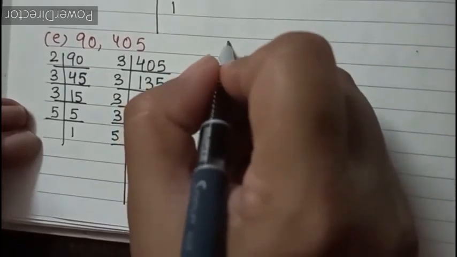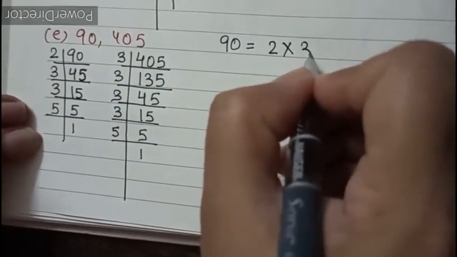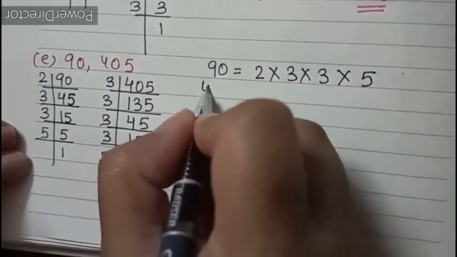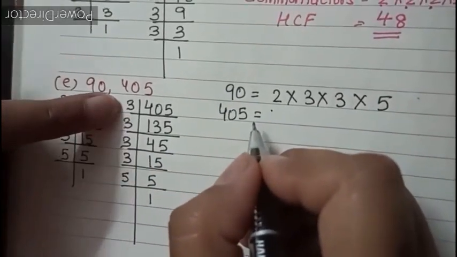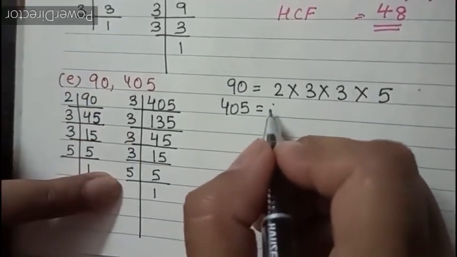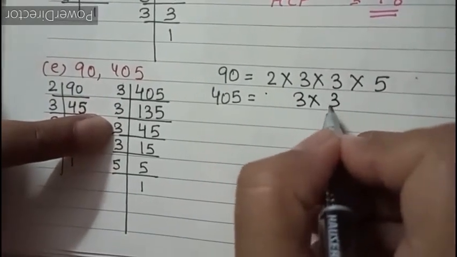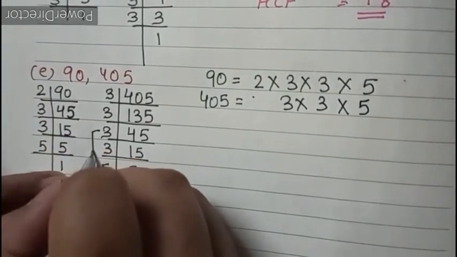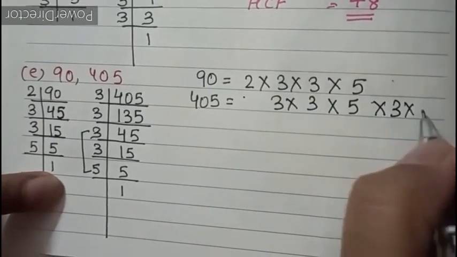So we have the list of prime factors of 90: 2, 3, 3, 5. And the prime factors of 405 are, now 2 is not here, so we will not write anything under this 2. 3, 3 and 5 I have written. I have taken these 3. Now these are extra, we will write them in the last.